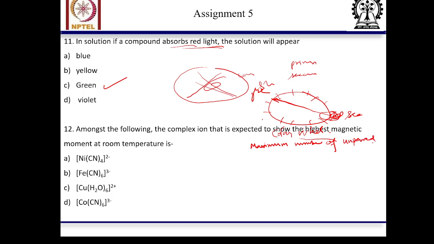Now we have to find which complex has the maximum number of unpaired electrons.